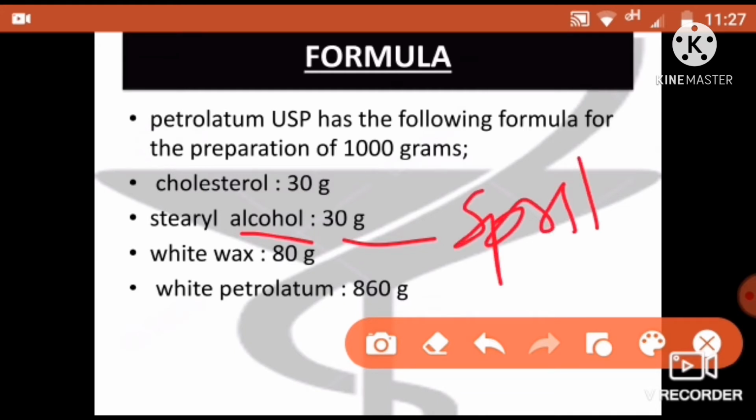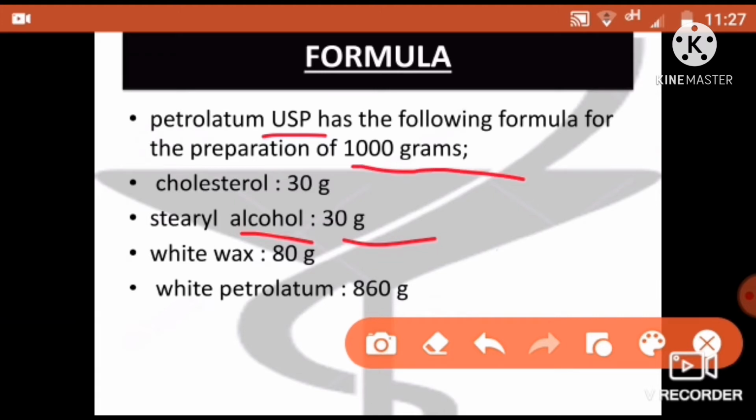So the formula is given in the USP. What is USP? USP is the United States Pharmacopoeia. It's a published journal, as I always told you, like the British Pharmacopoeia as well as the United States Pharmacopoeia. And it has the following formula for the preparation of 1000 grams.